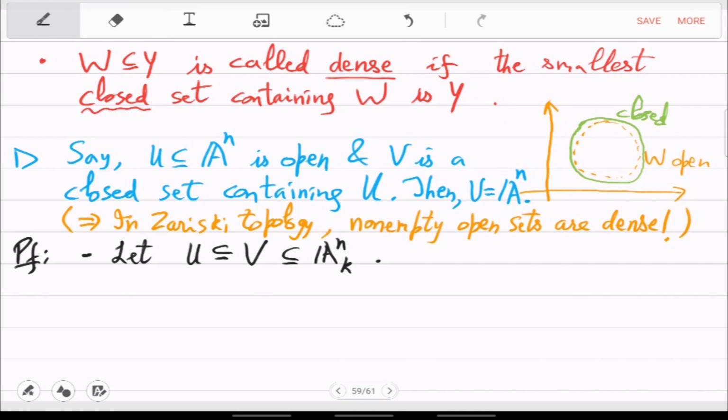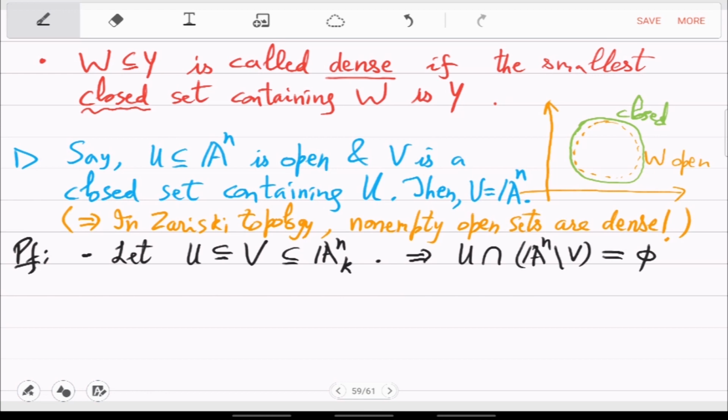So from this, what you deduce immediately is that U intersection A^n minus V is empty, right? So you have an open set U and you have another open set, the complement of V. They don't share a point. Can that happen? That cannot happen, right?